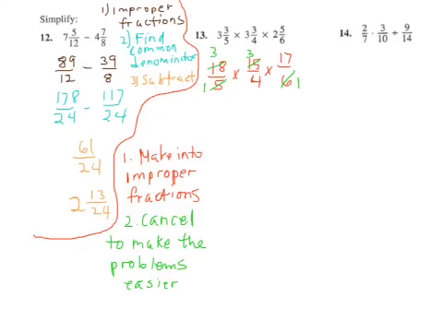And I believe that's all the canceling I can do. So then when I multiply that out, 3 times 17 gets you 153, and 1 times 4 times 1 is 4. You divide that out to get a mixed number. It's 38 1/4.